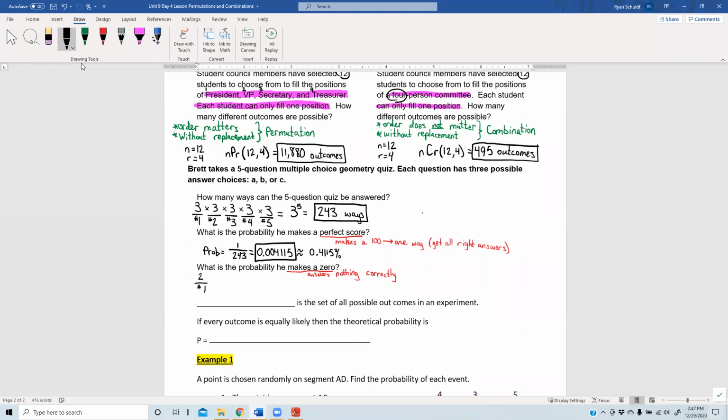2 wrong answers. For number 2, how many wrong answers are there? 2 wrong answers. And this keeps going all the way until you get to number 5, the last question. There's 2 wrong answers there too.